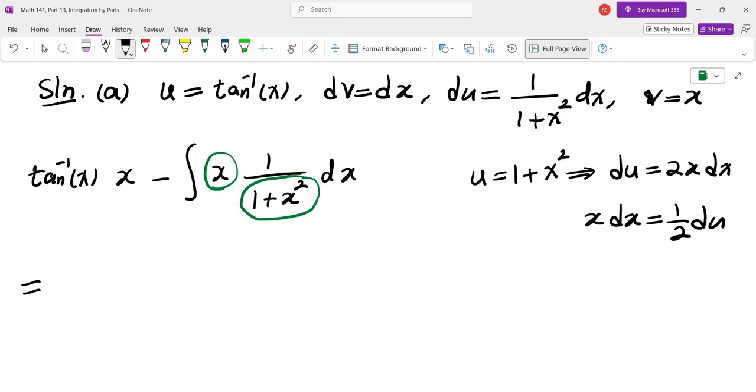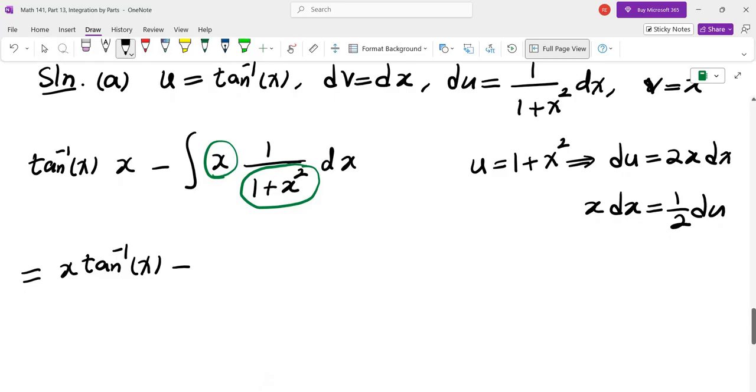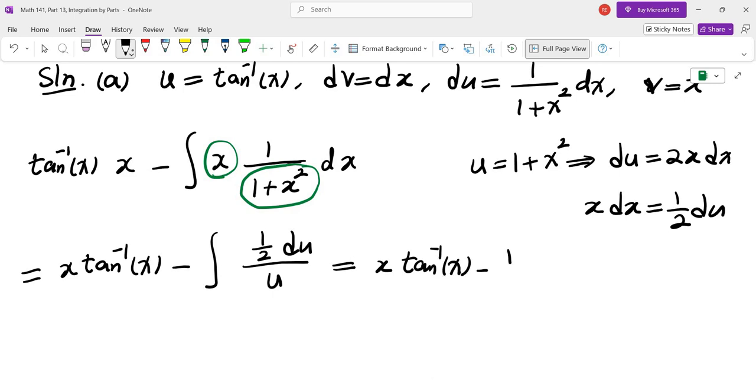So this would be, I'm going to put the x in front, x tan inverse of x minus the integral. At the bottom I have u, and then x dx is 1/2 du. And we know what this is. That is just natural log. So this is x tan inverse of x minus 1/2 natural log of the absolute value of u, plus c.